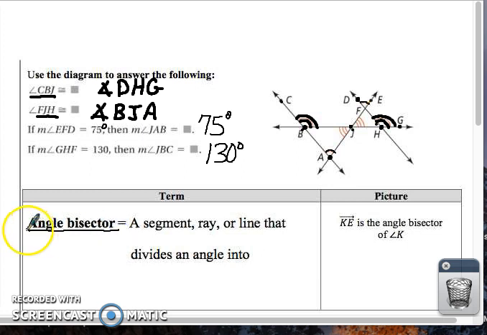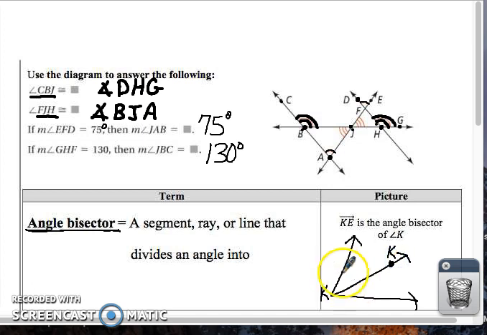Angle bisector. We talked about segment bisector yesterday. Well, an angle bisector is a segment, ray, or line that divides an angle in two. So if we have an angle here, and there's K. If KE is an angle bisector, what does that do?